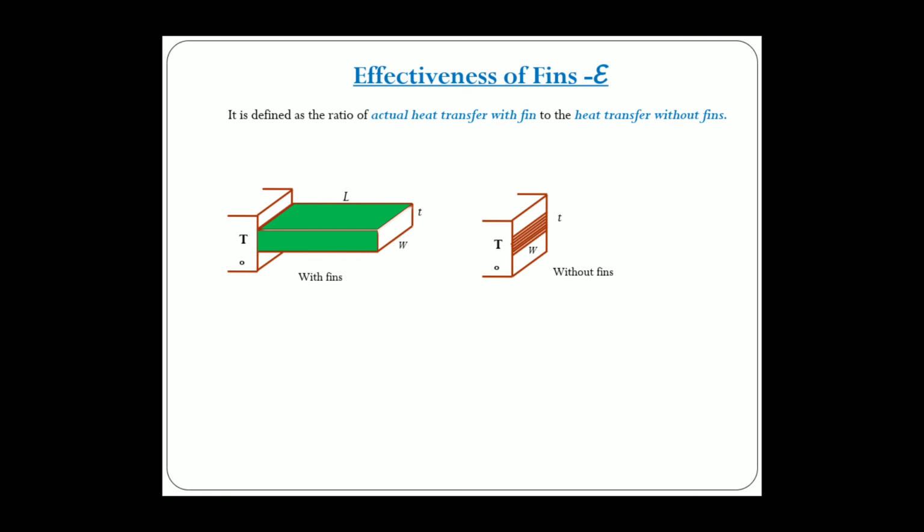You can see that without a fin, the area considered for convection is only the cross section area, which is W into T. But when you use a fin, the area for convection will be the total lateral area. So effectiveness is defined as actual heat transfer with the fin divided by heat transfer without a fin.